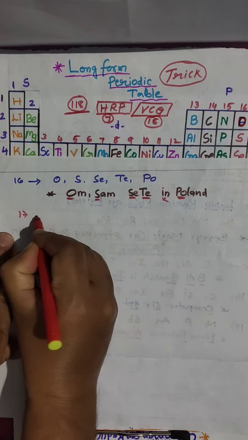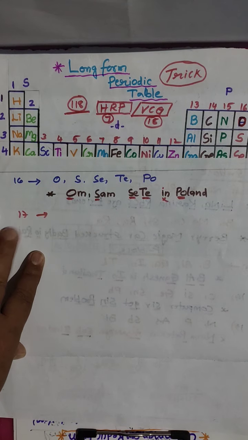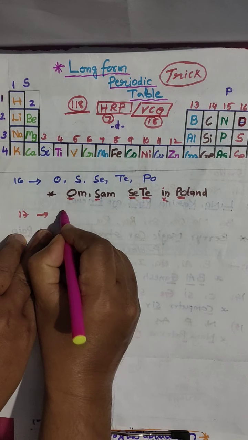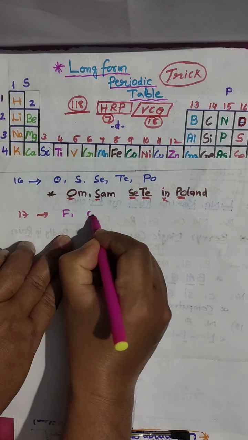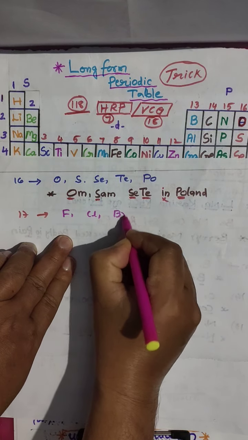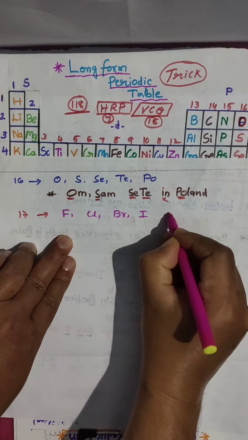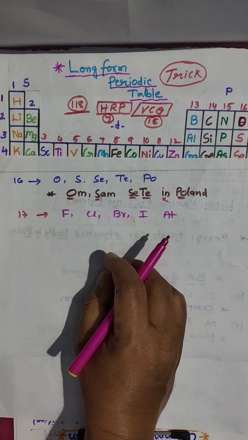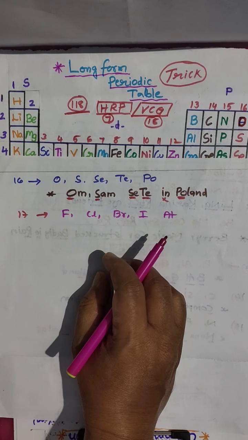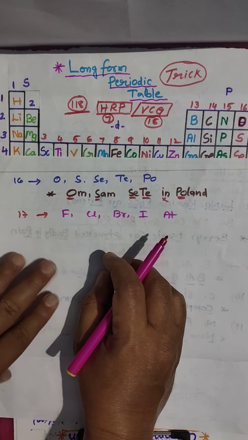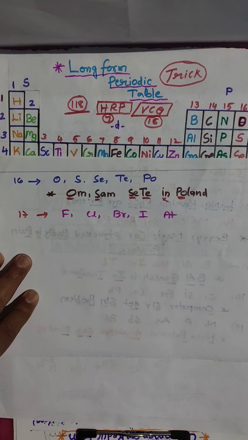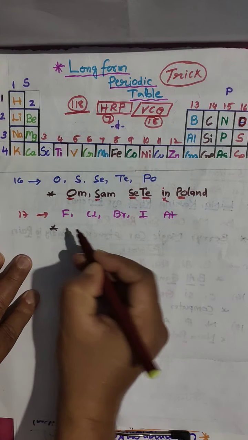Next, the 17th group. That is what we call the halogen family. Fluorine, chlorine, bromine, iodine and astatine. This is the family. And here I am giving a short trick to you.